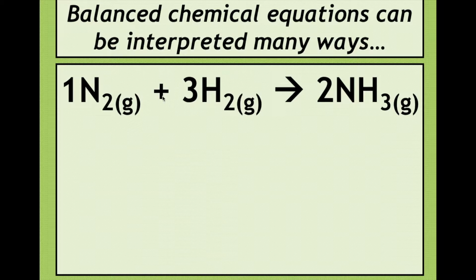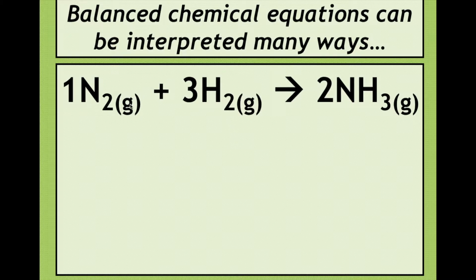We know that this means that we're combining these two together, and the arrow means to yield or to make, and then this is how many moles. Okay, well, you don't know that yet, but this is the coefficient of this compound. So you should pretty much be okay with this part of the equation, or the reaction. I'm sorry. So we're going to look at a balanced chemical equation in different ways.